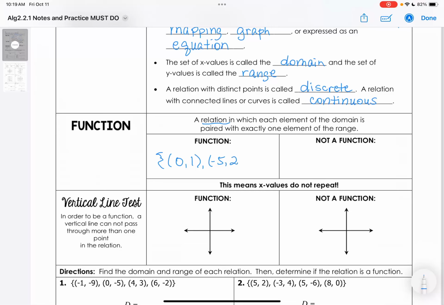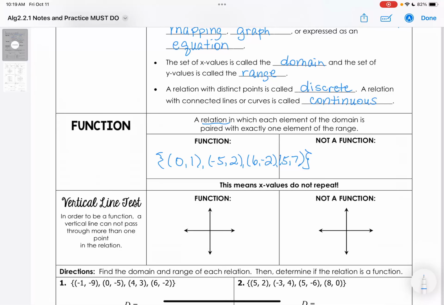This is just an example. -5, 2, 6, -2, and 5, 7. That would all be a function because there aren't additional zeros in there. 0 is just paired with 1. -5 is only paired with 2.